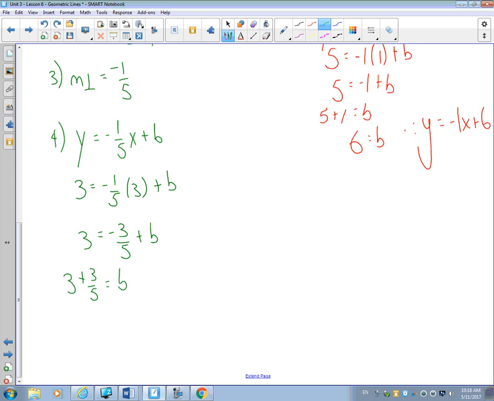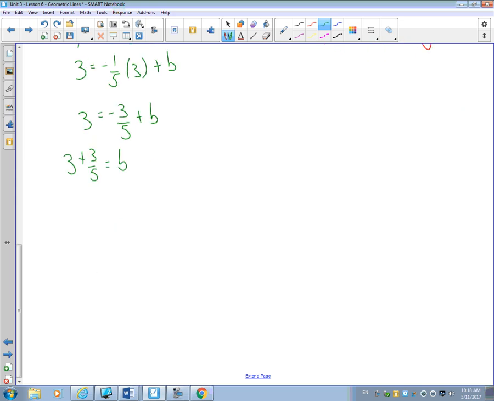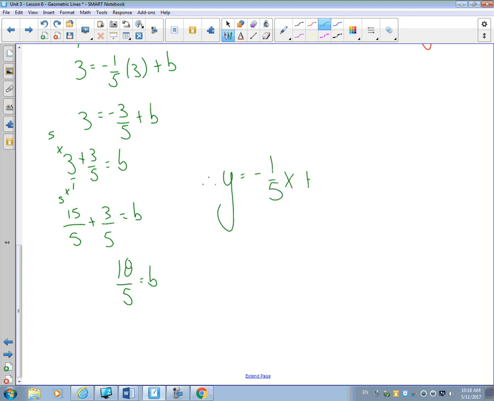You can use your fraction button, or if you did decimals, decimals would work with this one. Common denominator. So I need a 5 and a 5 times 3 gives me 15. So b is 18/5. Our equation, y = -1/5 x + 18/5.